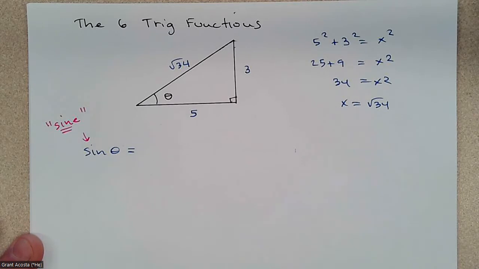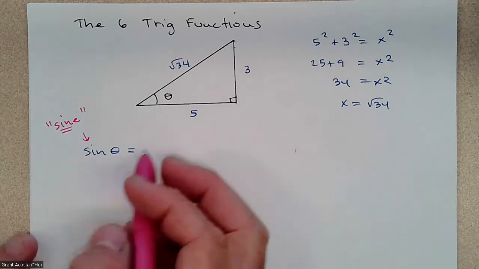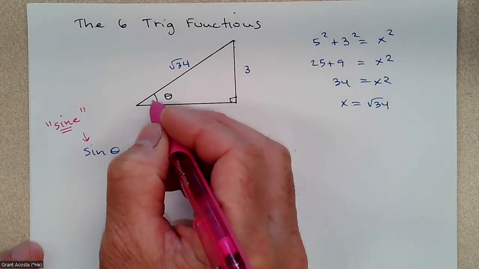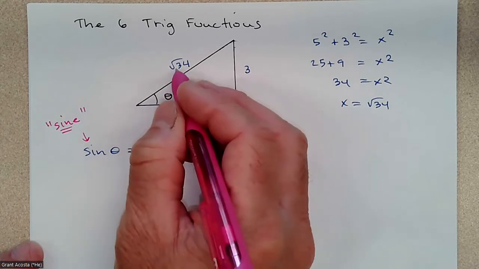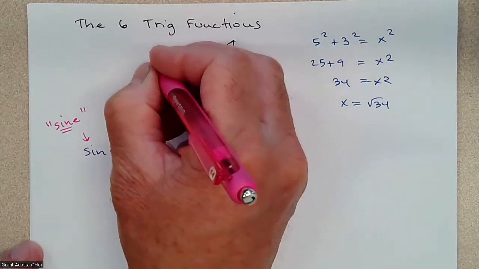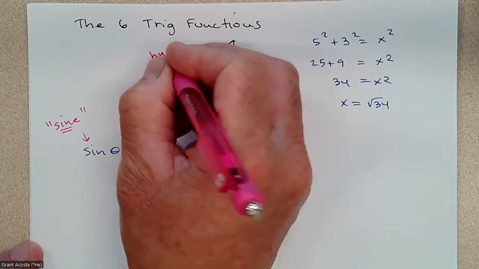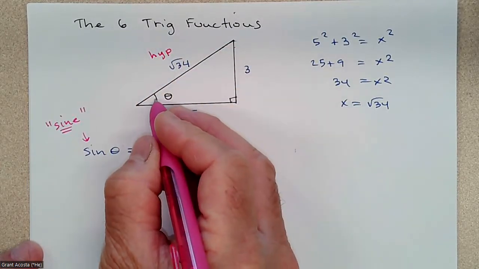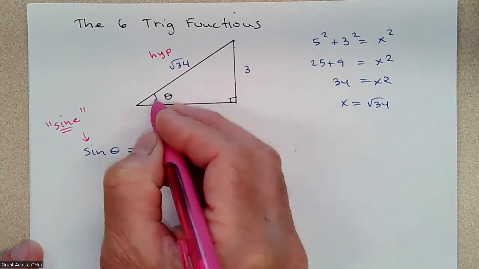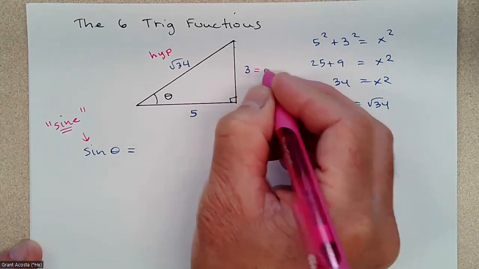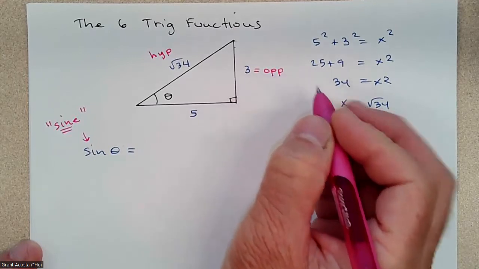And the standard way of defining what these trig functions are is in terms of the sides from this angle, theta. We know root 34 is the hypotenuse. I'm going to abbreviate that HYP. From this angle, if you were here looking straight across, opposite that angle would be the 3. So the 3 we would call the opposite side.